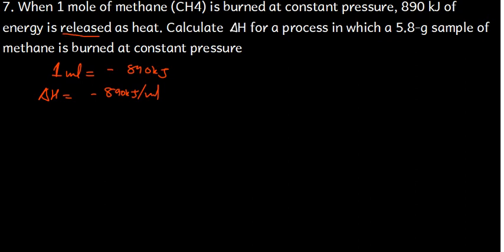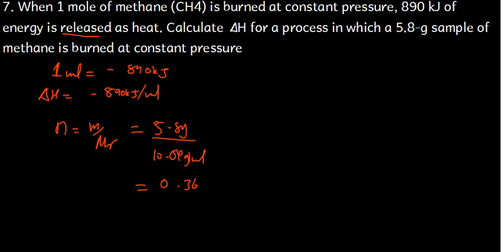Now what if we burn 5.8 grams of methane? We first need to determine the number of moles. The number of moles is mass over molar mass. The mass we've been told is 5.8 grams. The molar mass for methane is 10.04 grams per mole. So that is going to give us 0.36 moles.